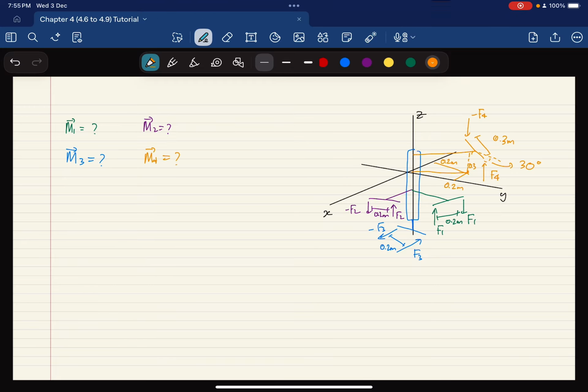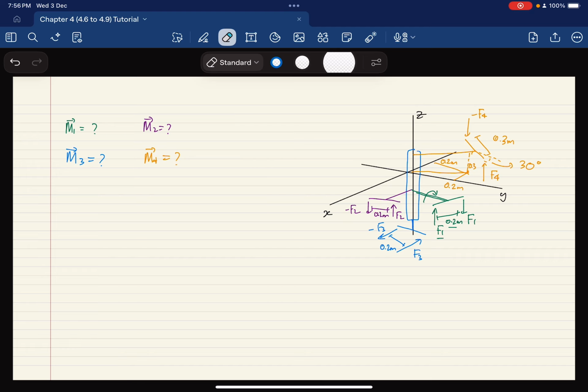Okay, so how do we find M1? If you can see, the force vector, when it multiplies 0.2 F1, will create a moment that would be going in this direction.